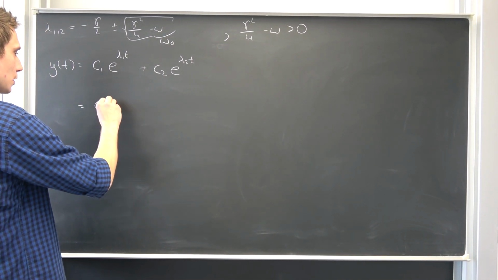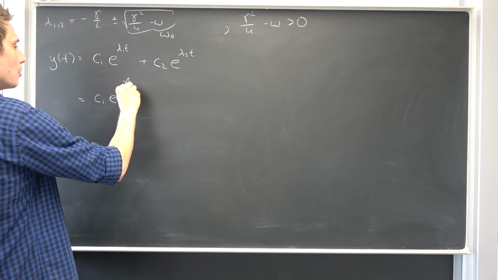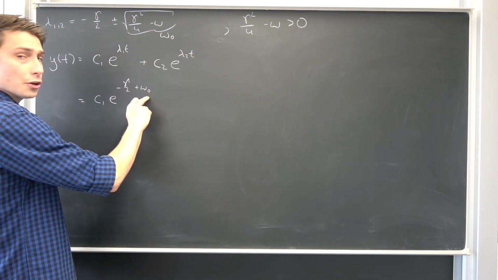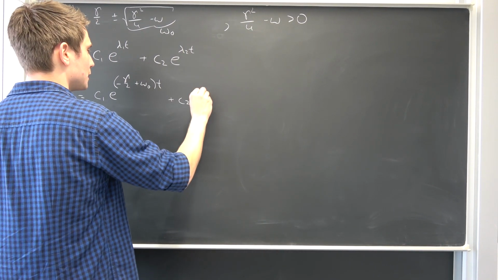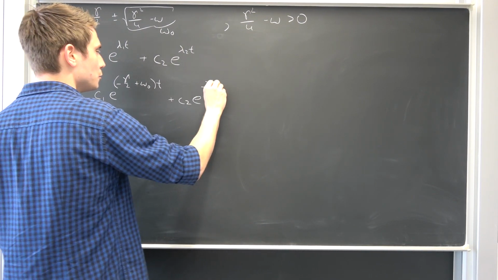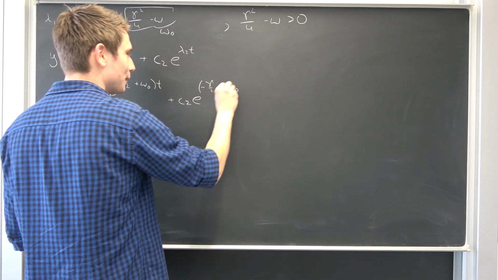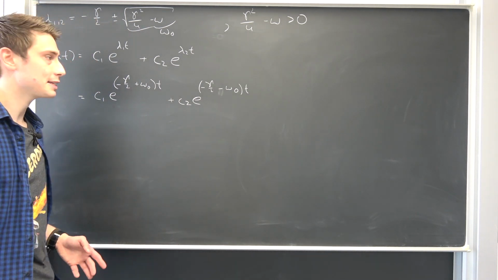Let's choose it to be real, for example, we really don't care. e to the negative gamma over 2 plus omega naught times t plus C2 e to the negative gamma over 2 plus negative omega naught times t. Okay, don't mix your signs right here up.